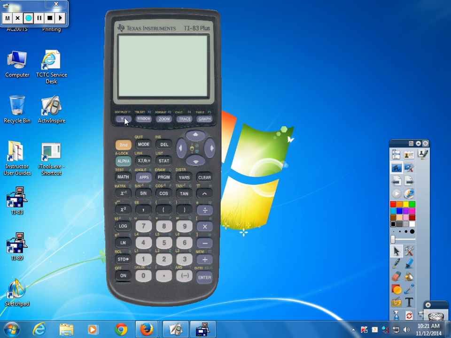Okay, we'll do y is equal to. I'll do the parent graph in dark. There's the parent graph, and that's 1 over x. And then the other graph I'll do 8 over x.